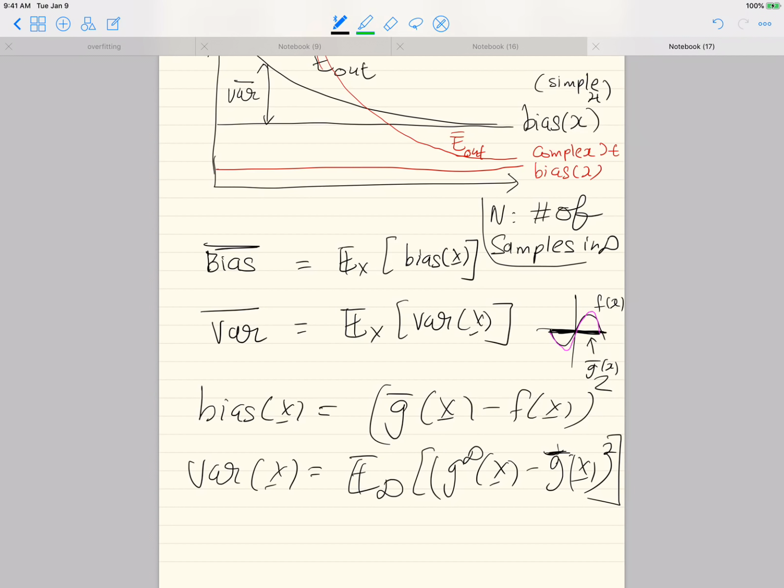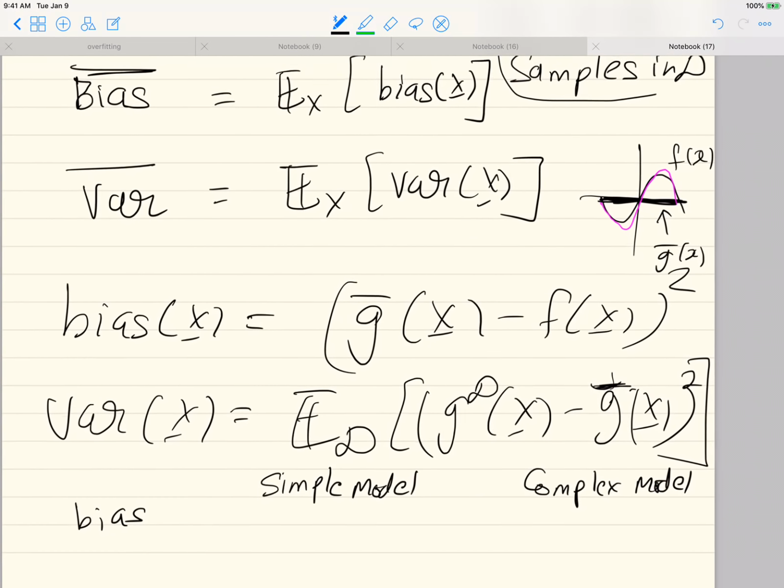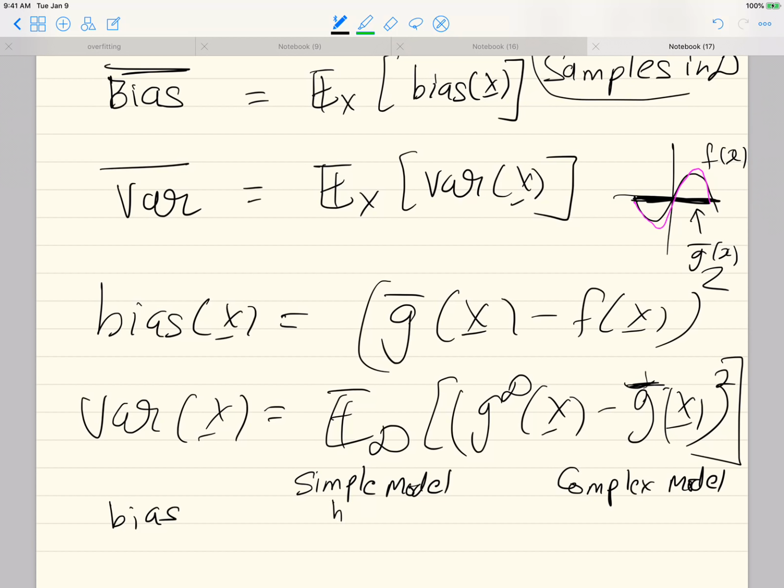So the summary is that if you have a simple model versus a complex model, look at the bias. The bias for a simple model will be high, right? For a complex model, the bias is going to be low. If you look at the variance, for a simple model, the variance is going to be low.